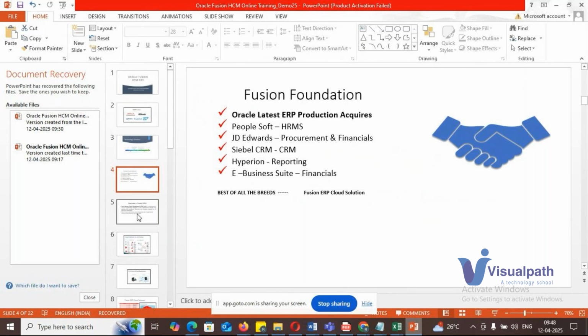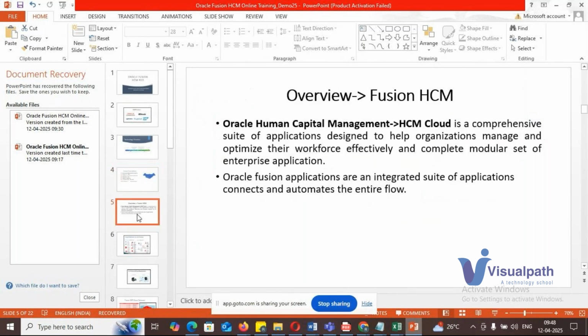So what is the purpose and overview of this? It is a comprehensive suite of applications designed for the organization's workforce. Basically, how the organization can manage the person record in the Fusion application day by day.